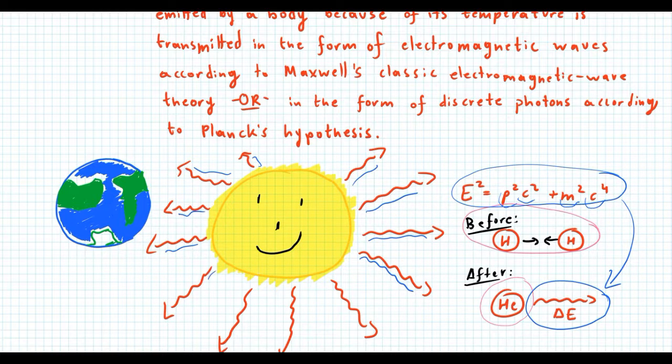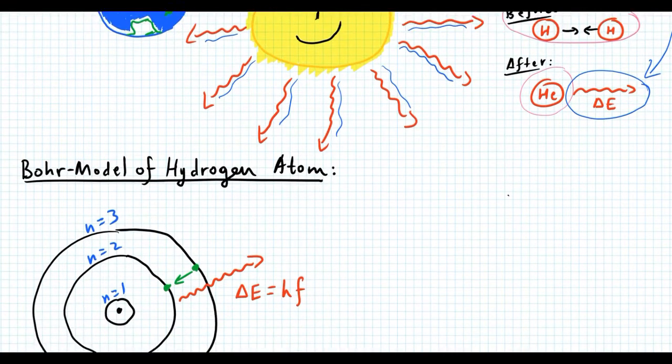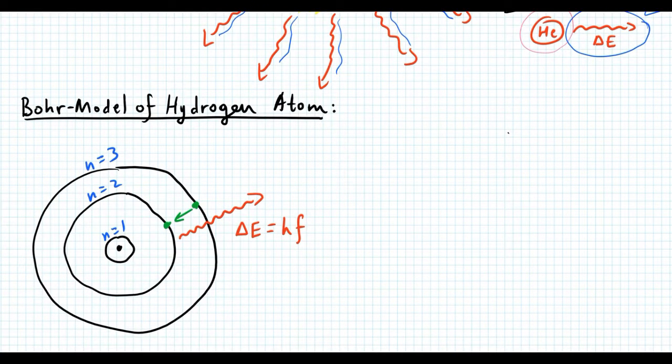Another way in which we can get energy in the form of radiation is through looking at the simplified Bohr model of the hydrogen atom. Whenever we see an electron move from a higher orbital shell to a lower orbital shell, we see that it gives off some energy, because the energy of an electron is associated with which energy level or shell it is in.